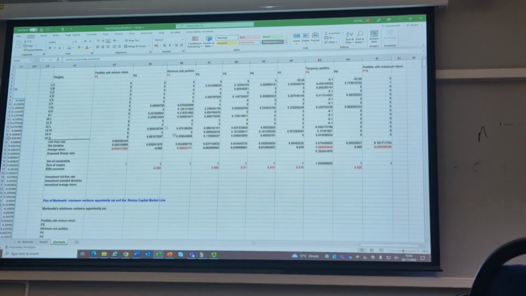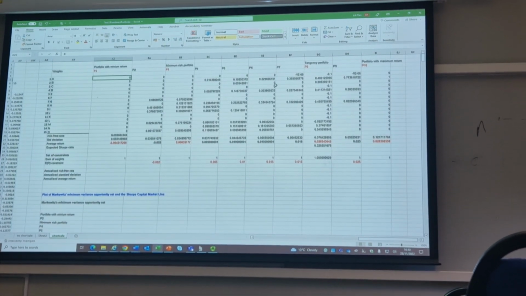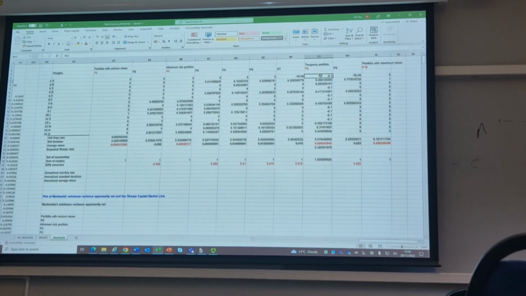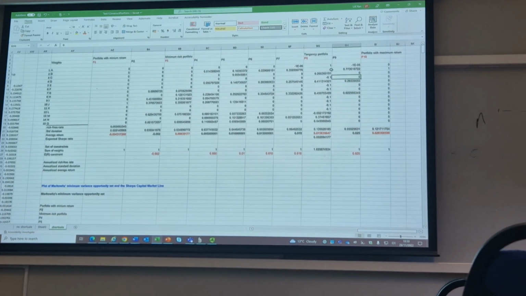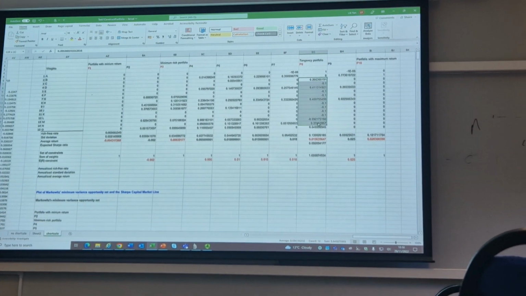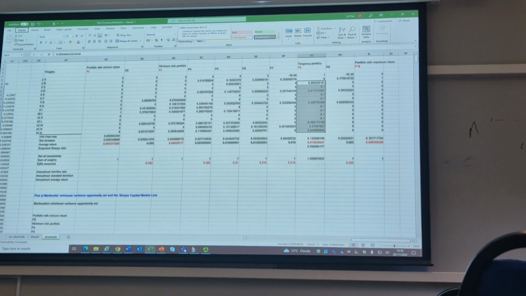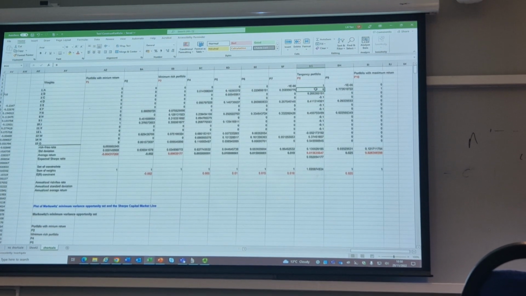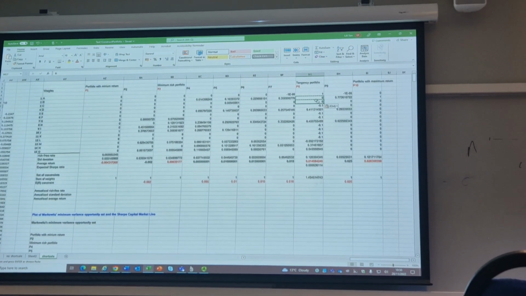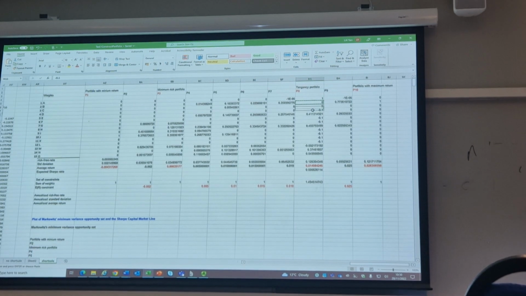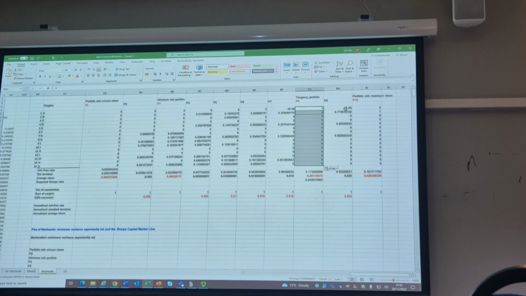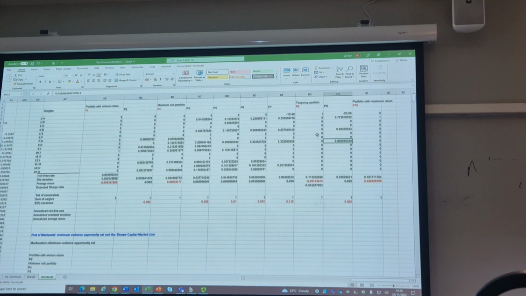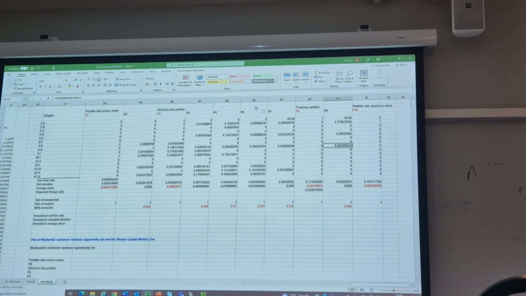And then construct the portfolio, for example, starting with the tangency portfolio. I have initialized the tangency portfolio.